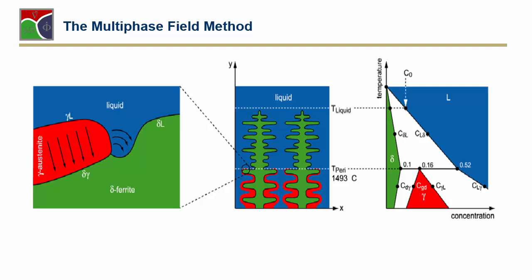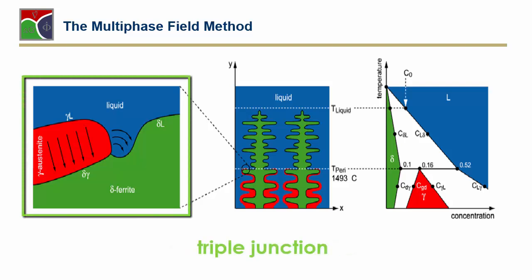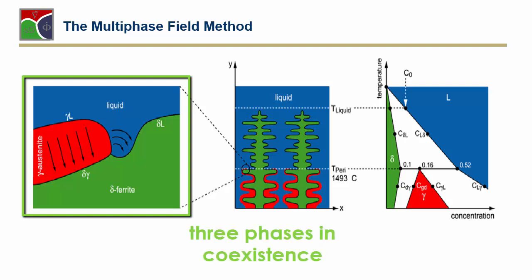And so what happens is that in thermodynamics we may have a triple point where we've got an equilibrium between ferrite, liquid and austenite at the peritectic temperature. And if we map the phase diagram into a directional solidification situation with hot and cold, then we get a directional growth of the ferrite in the ferrite region, and we've got the triple junction, which is zoomed in here, a magnified view, where we've got three phases in coexistence.